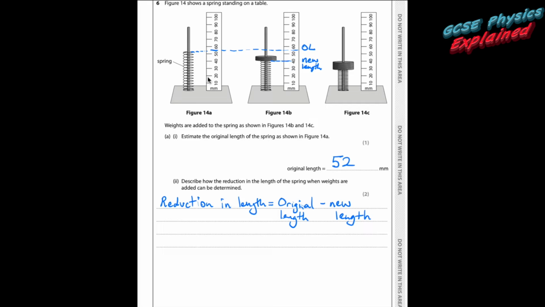So if we used a ruler with millimetre divisions and move the ruler closer to the spring, or use a pointer, and if in doubt, just say repeat and average. And make sure that your eye is also at eye level so you don't have any parallax errors. I suppose you could add more weight to increase the range. Looks like they've added quite a lot of masses there anyway.